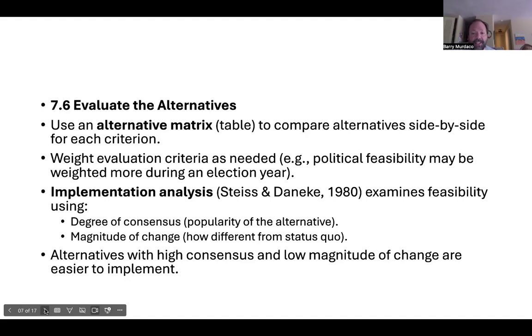Alternatives with high consensus and low magnitude of change are easier to implement. So, again, basically the policy of least resistance usually is the policy that wins out. But there are lots of factors that can complicate that.